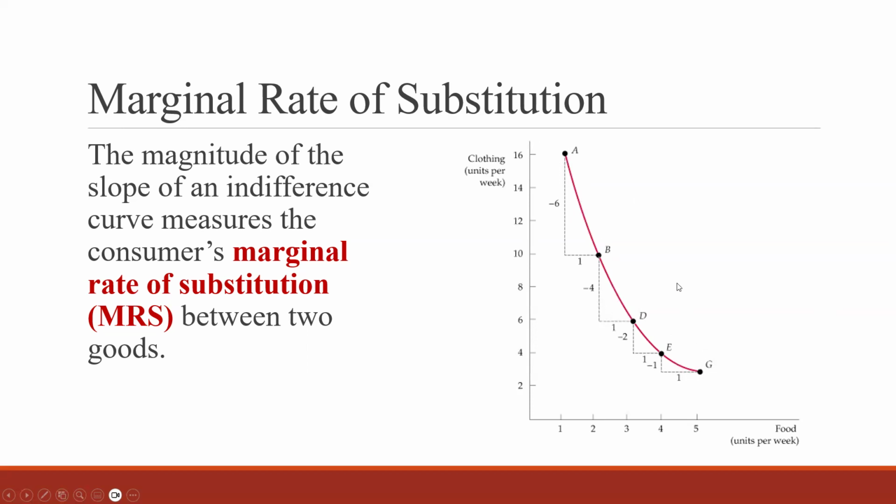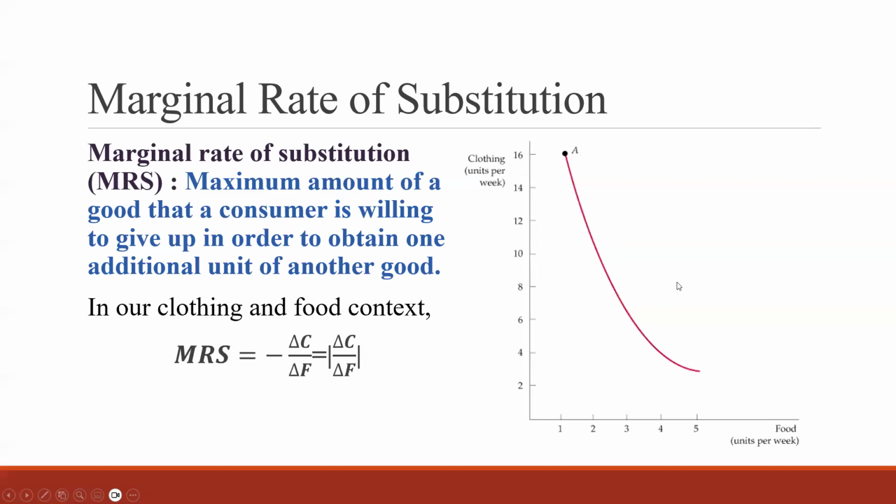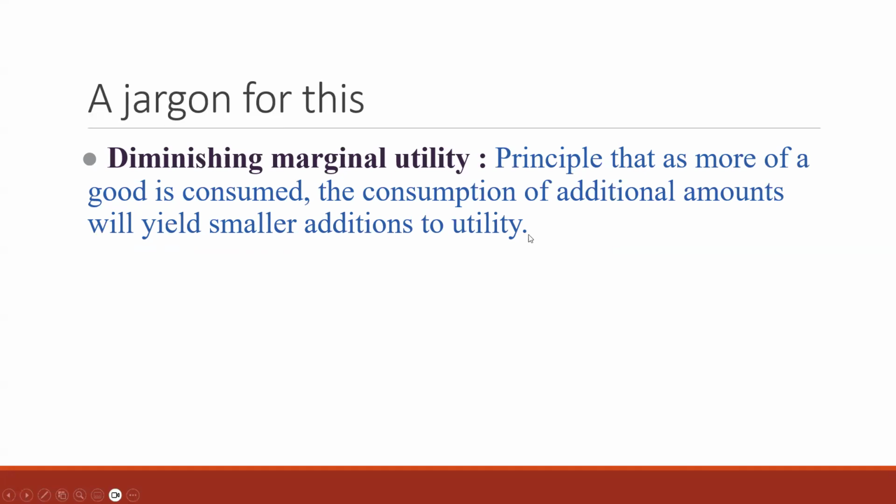And here is the reason why. We have one jargon for this, which is called diminishing marginal utility or diminishing marginal return in general. And here specifically to the scenario of consumers, the return from consuming a product is the satisfaction, namely utility. That's why we call it diminishing marginal utility.